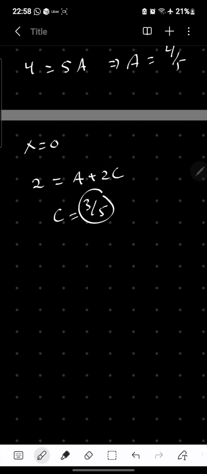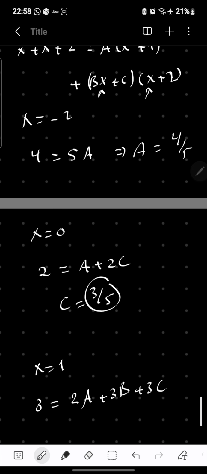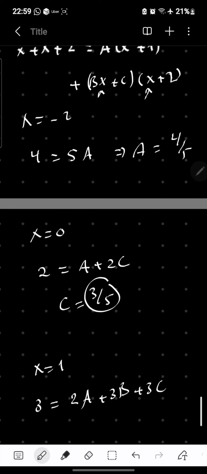What about b? Put x equal 1, another simple value. It will be 2a plus 3b plus 3c. When you substitute here by 1, it will be 2a. When you substitute here by 1, it will be b, and you have c equal 3 over 5.